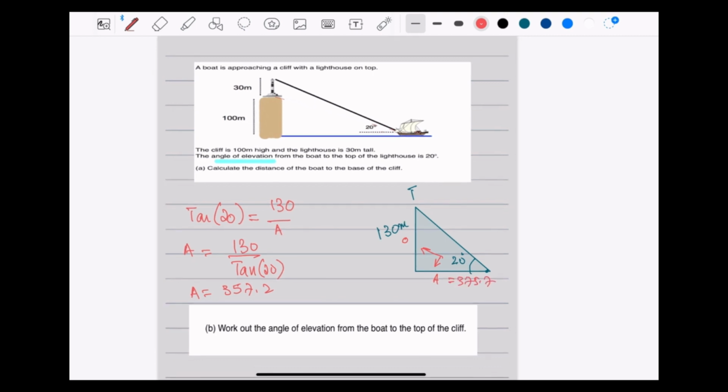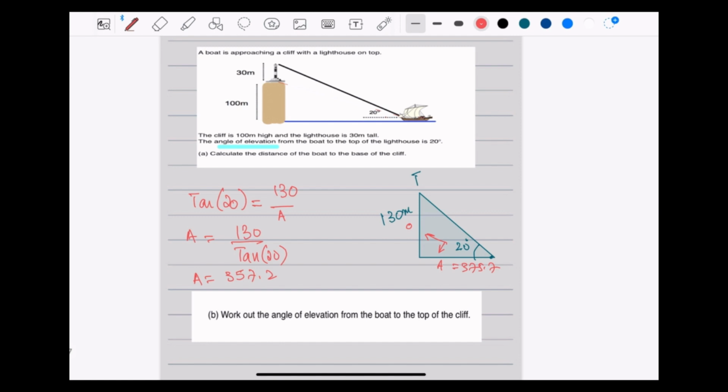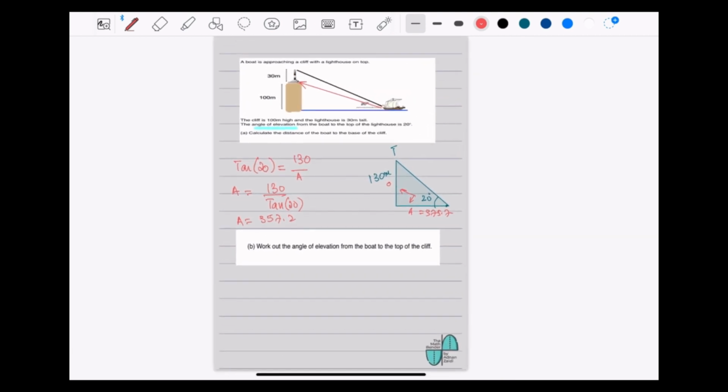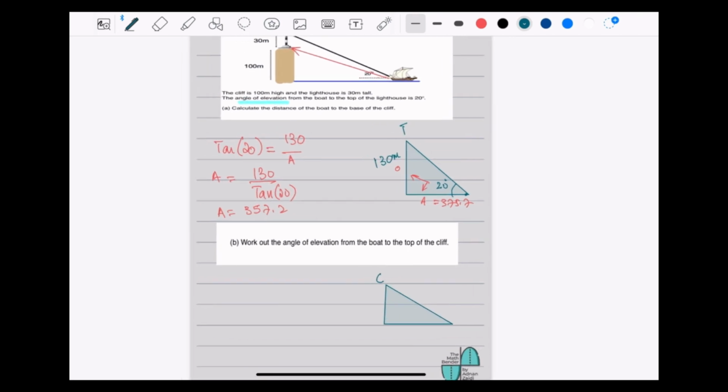The ship is not moving, but the captain of the ship is now eyeing the height of the cliff at the base. So if we try to make another triangle, which is now the top of the cliff, not the top of the tower, the angle of elevation is obviously going to change.